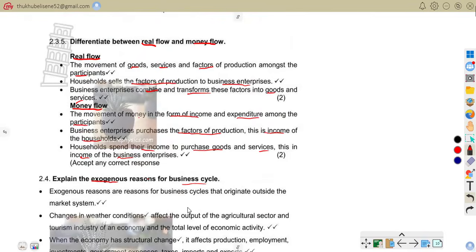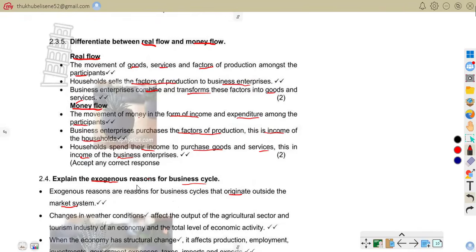As it says, the exogenous reasons are reasons for business cycles that originate outside the market system. So meaning to say, we are talking about factors beyond the control of businesses or consumers. For example, the global financial crisis is beyond the control of business as well as consumers.